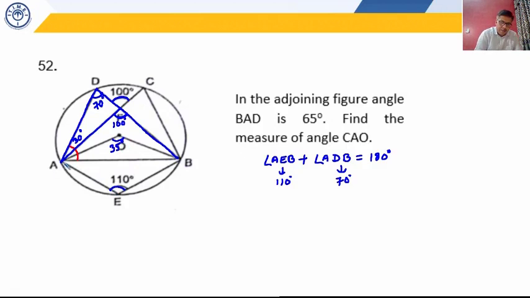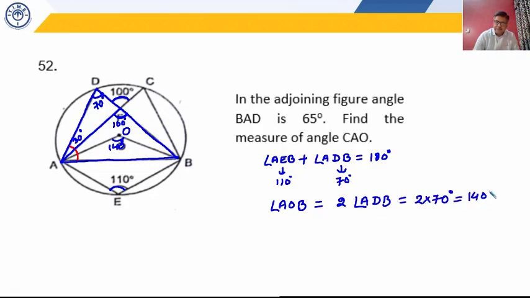If this angle is 70 degree, angle made by the chord at the center is twice that of the circumference. If this angle is 70 degree, can I say angle AOB, this is point O, angle AOB is twice of angle ADB, is 2 times 70 degree is equal to 140 degree. Can I say these two are radius? AO and OB is radius.